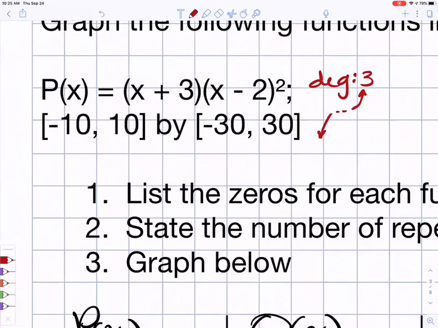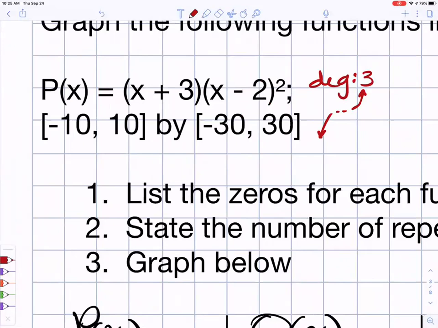So take your calculator out, turn it on, go to your Y equals and type it in exactly the way you see it. So quantity x plus 3, close your parentheses, quantity x minus 2, close your parentheses, square it. Don't graph yet.